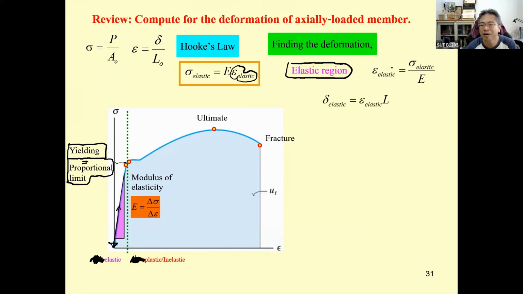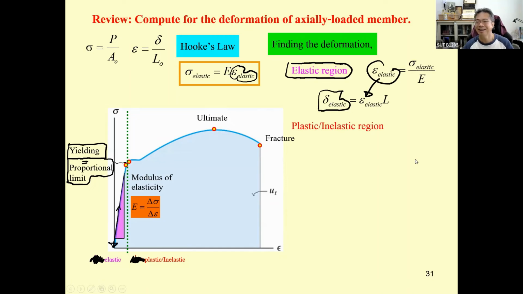And from the strain that you plug into this, you can determine the deformation, elastic deformation previously I just mentioned. And the second one, that is a little bit tricky when you load it to the plastic region. And then you will get what? You will get the plastic strain.